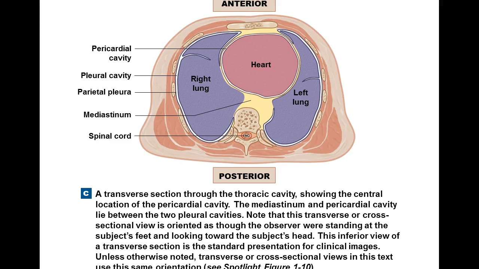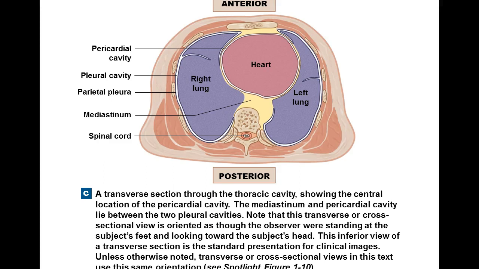You're seeing the heart, and you're also seeing this white line, which would be representing the serous membrane that lies around each lung, sorry, and those are the pleural cavities, and the serous membrane that lies around the heart, the pericardial cavity.